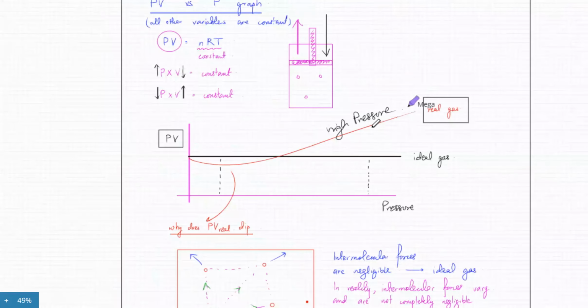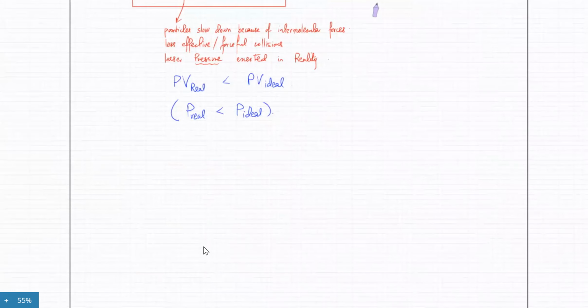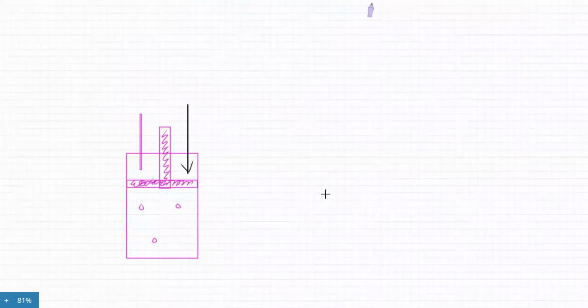So I'm going to take this container, the one that we drew, and explain what's happening at high pressures. We made a mistake when we did the ideal gas equation.